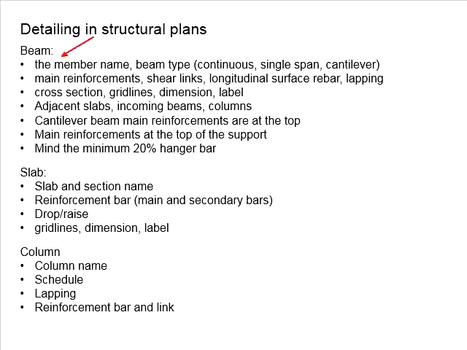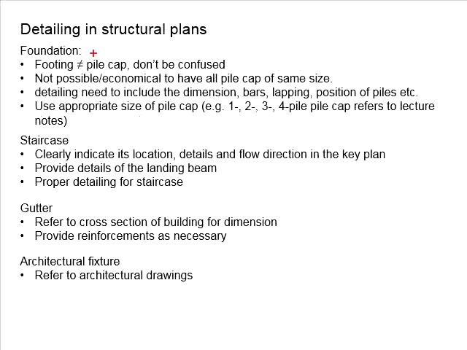These include the beams, the slab, the columns, the foundations, the staircase. We also demonstrated some samples of the detailings, which can be an idea for you to produce the detailings of your own. Now we're going to proceed with our discussions with two more items which are equally important.